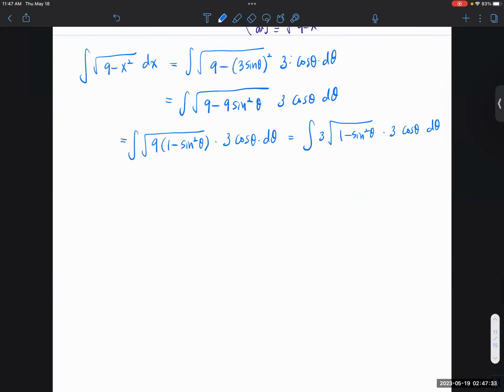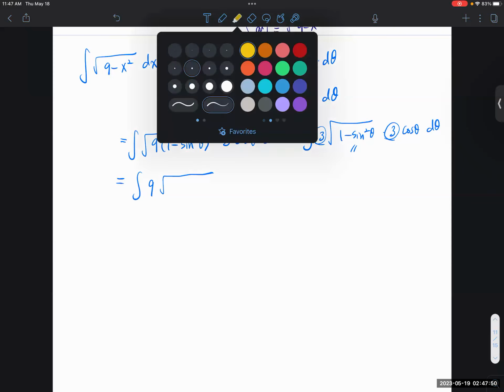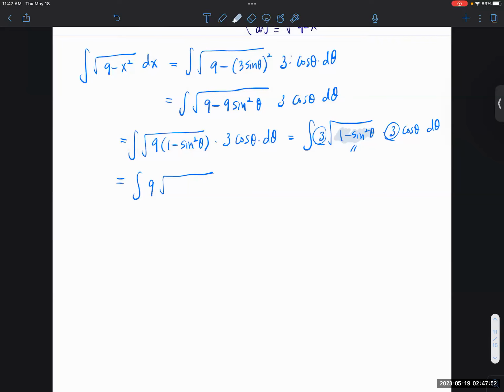So we know everything. 3 times 3 is going to be 9, right? And then we know 1 minus sine squared theta, I'm going to highlight it for you, is the same as cosine squared theta. And we have cosine theta d theta.